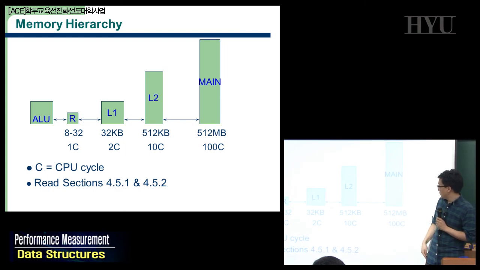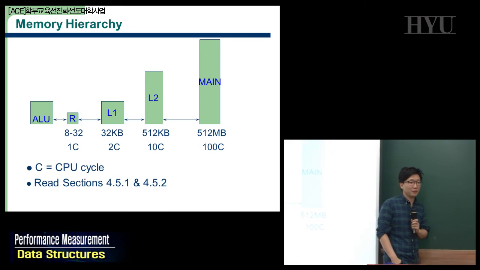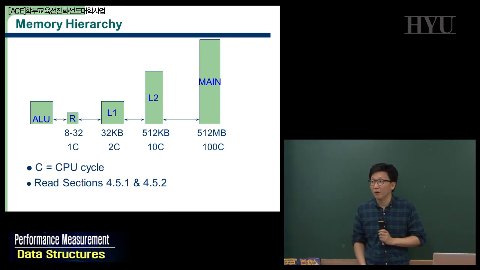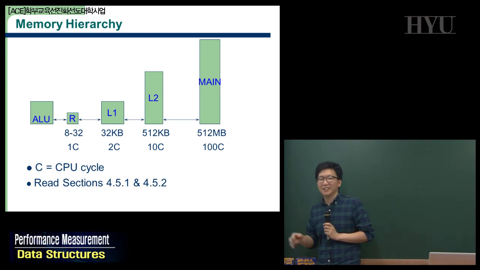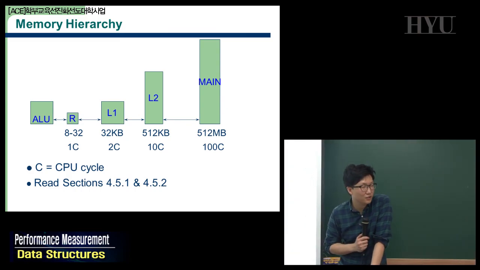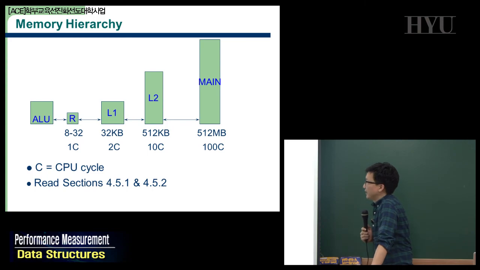Main memory 512. I don't know. Nowadays 512 is the minimum requirement for Windows installations. Actually, the minimum requirement for Windows installation is maybe 2 gigabytes? But they only take less. Even Windows 7 takes maybe 600 to 700 meg, less than that.